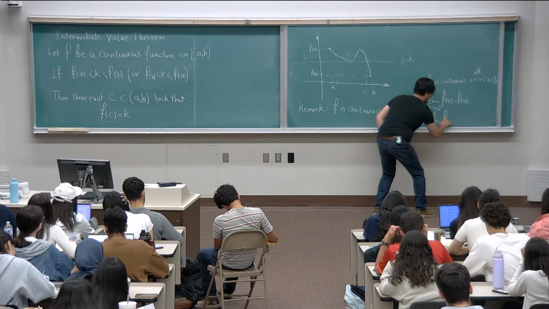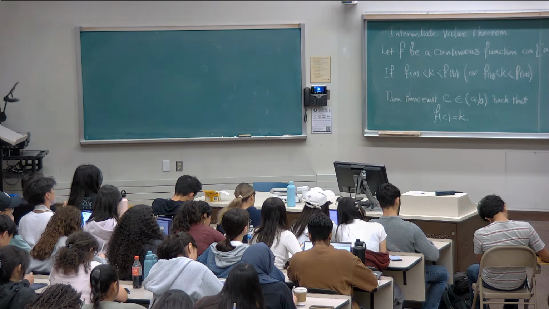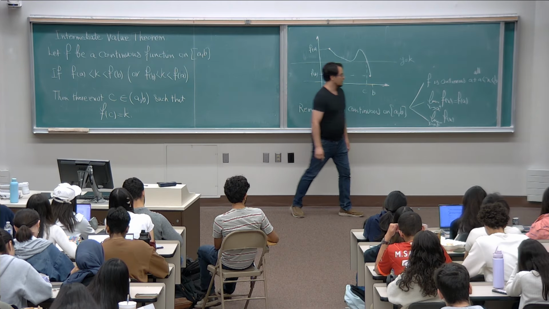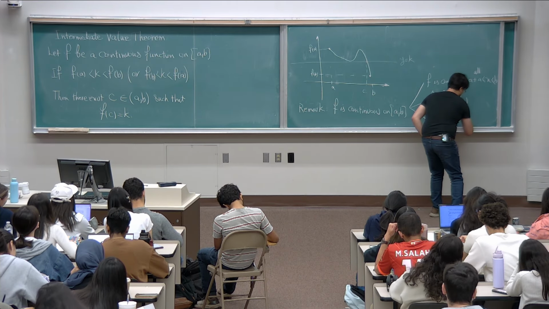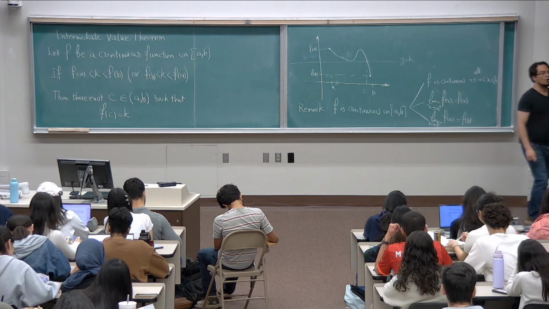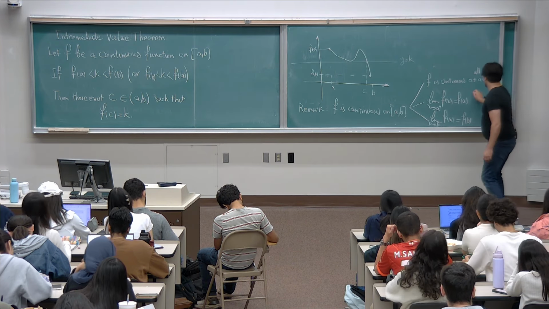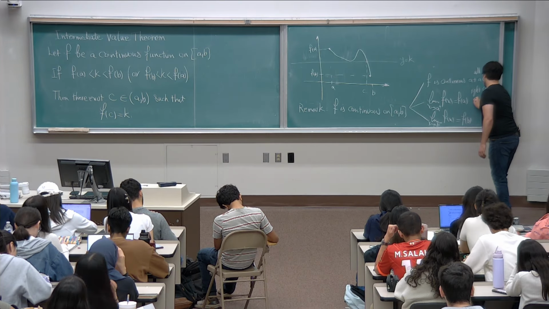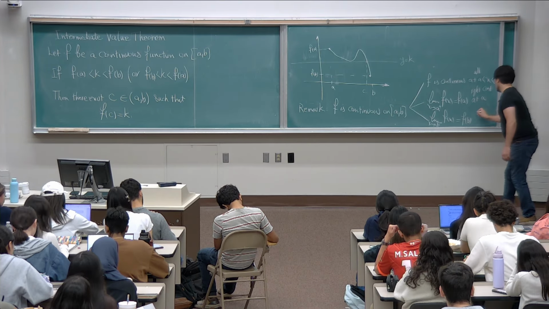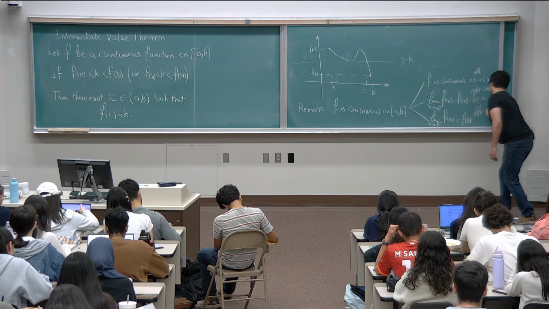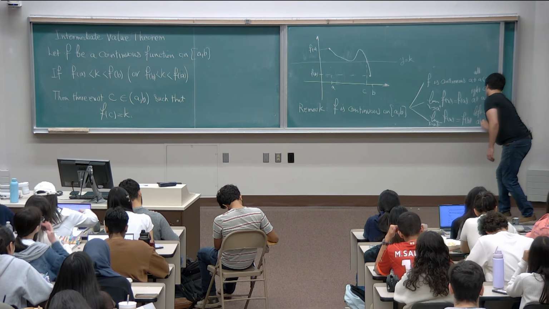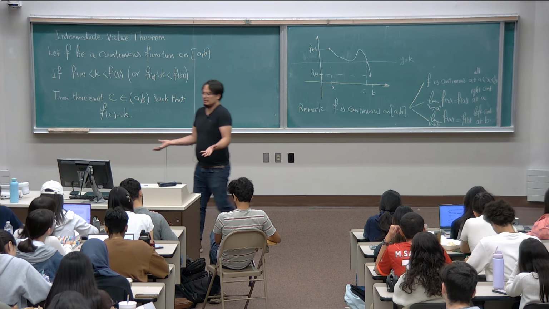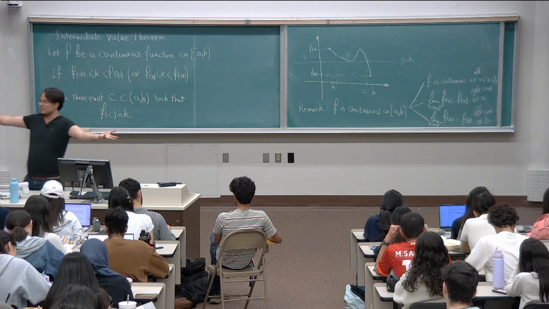The limit of f of x as x approaches B from the left, there's a negative there, is equal to f at B. Or I can say this is right continuity at A, this guy left continuity at B. That's the most I can say, because there is no guarantee that my function is defined even outside that interval.